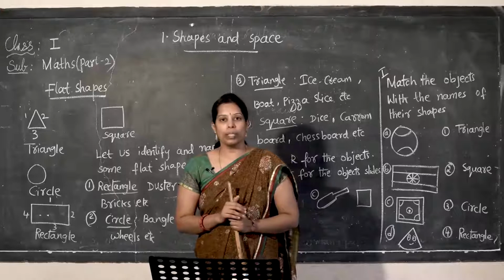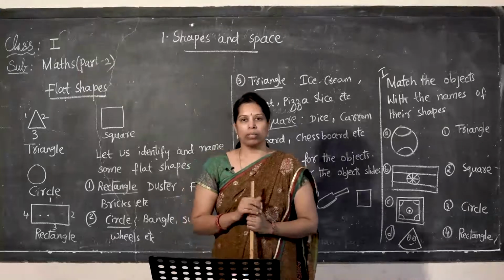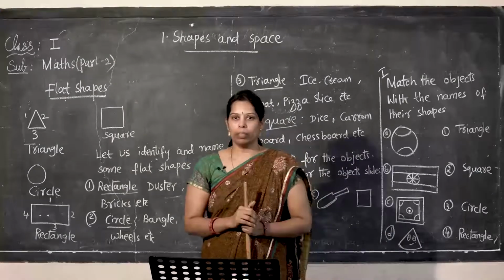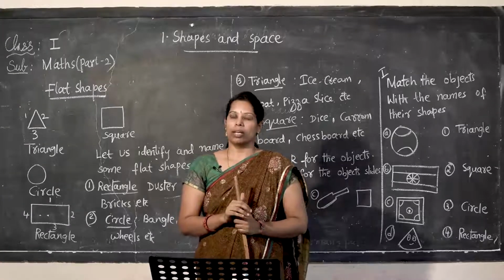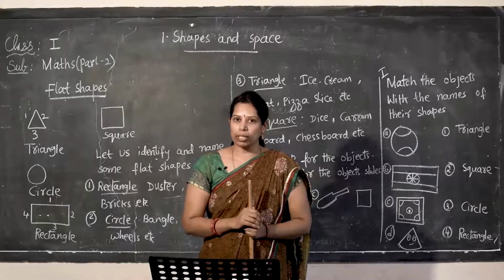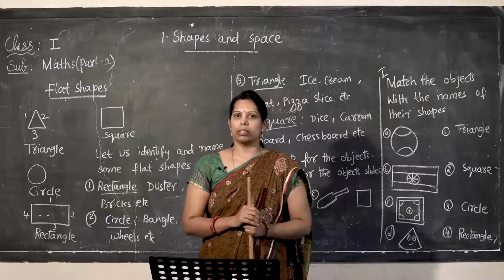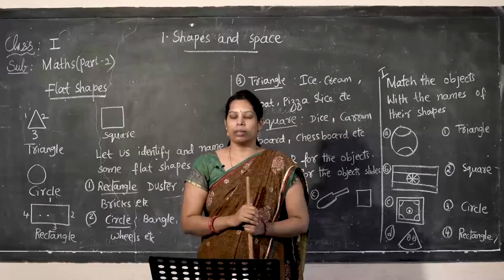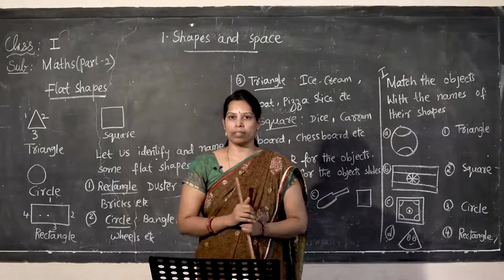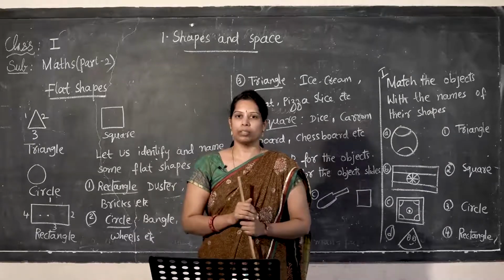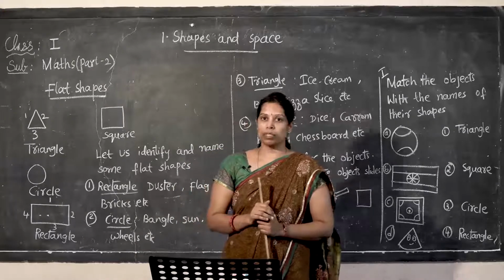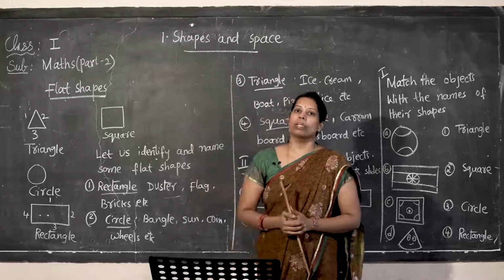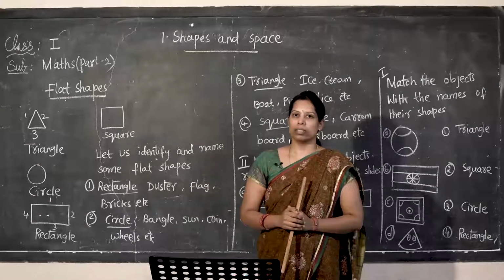Give me some examples of rolling objects. Ball, marble, yes. Next, give some examples of sliding objects. Duster. Why? Because it has a flat face. Yes. Sharpener. Yes, these are some examples we have already discussed in our previous class.